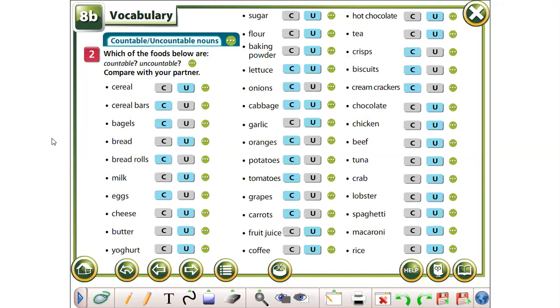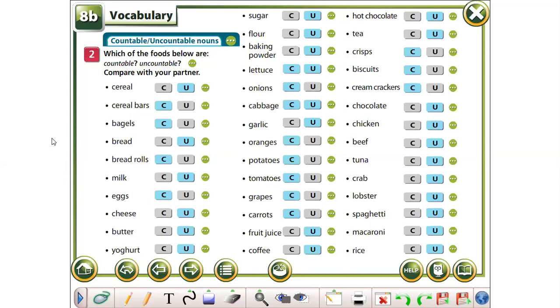In my kitchen, I have carrots, and in my kitchen, I have sugar. In my kitchen, I have a lot of chicken.